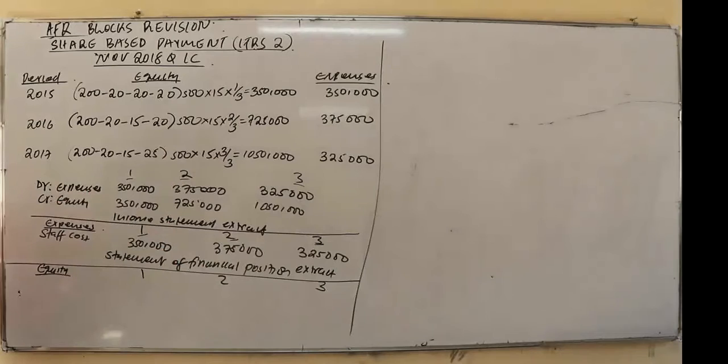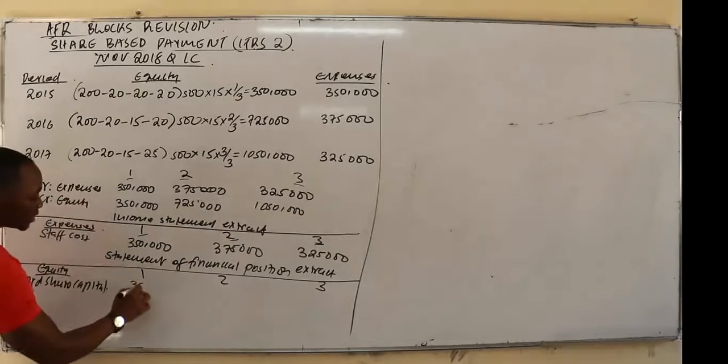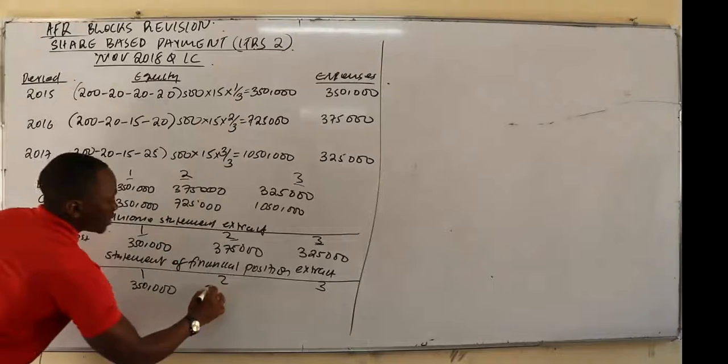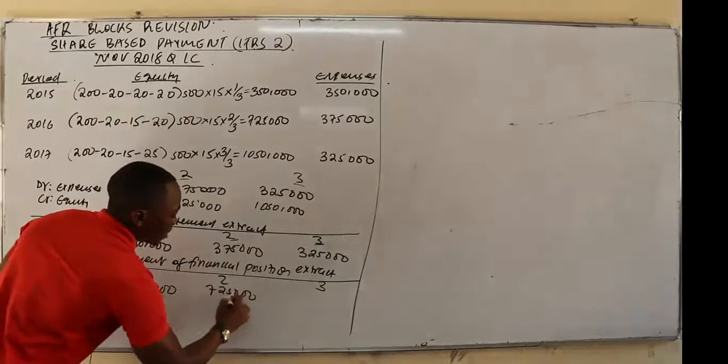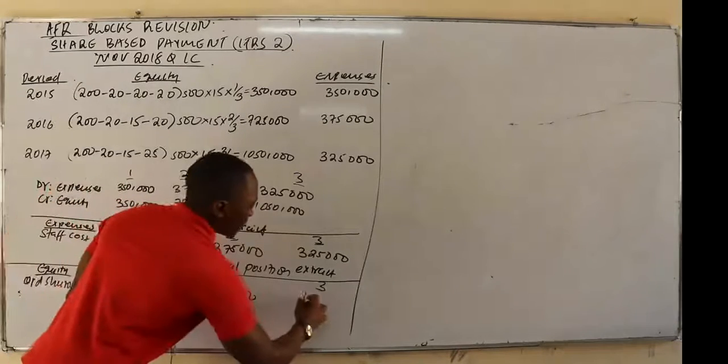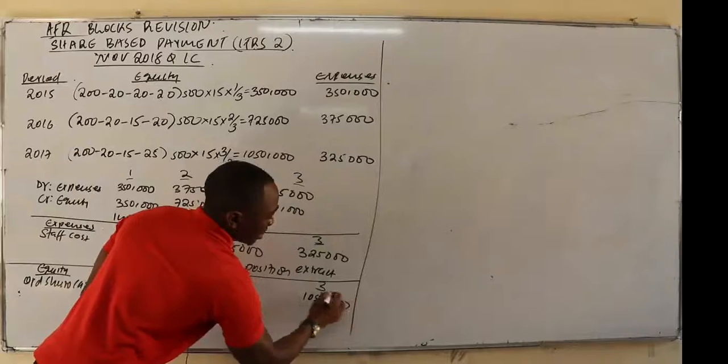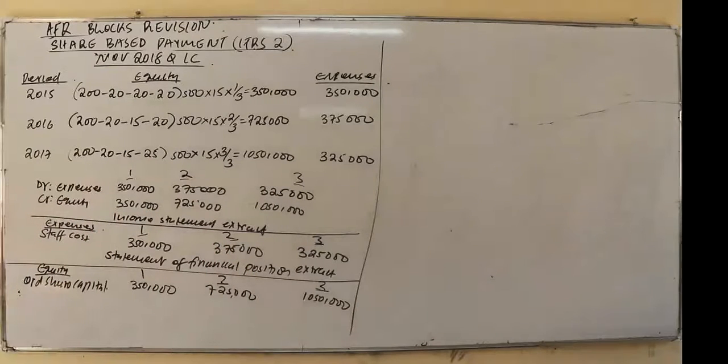Under equity, we issued shares, so ordinary share capital. We had made a provision of 350, 725, and then we have 1050. As simple as that. You can take a screenshot of that.